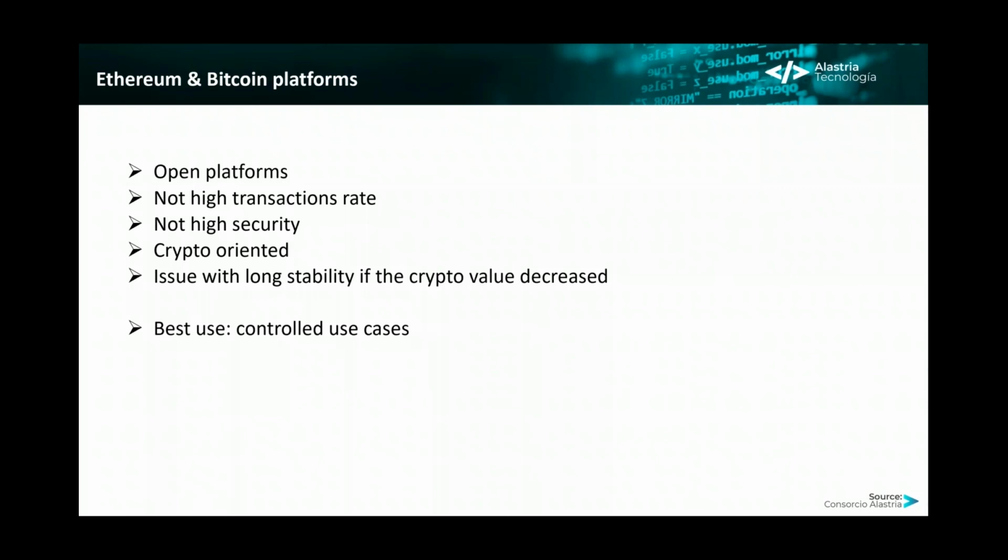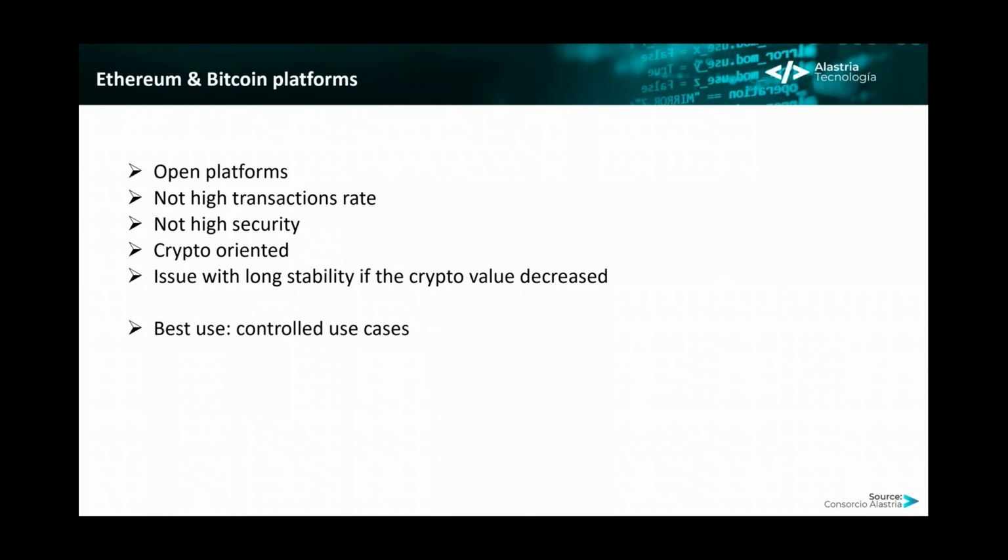And also, your system is going to be working for one to two years, but you don't expect a very long life for your product, because remember that in this kind of platform that is very crypto dependent, if the crypto value decreases, the network may stop because the miners decide to stop mining since it's expensive for them and they're not receiving any profit. Then these are the two platforms you need to mainly consider at the beginning: Ethereum and Bitcoin.